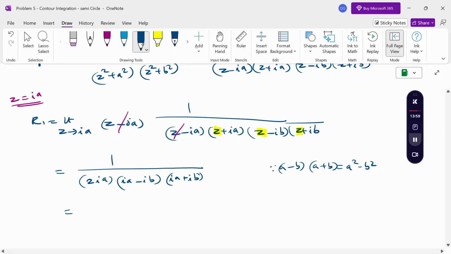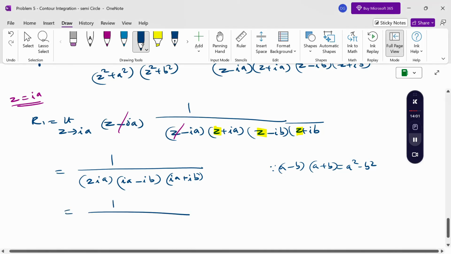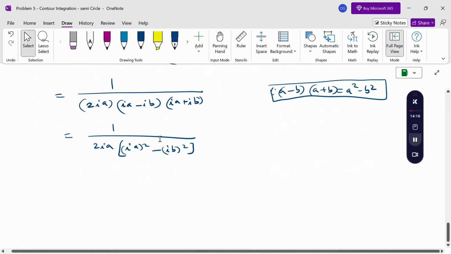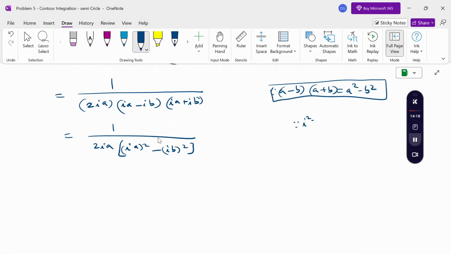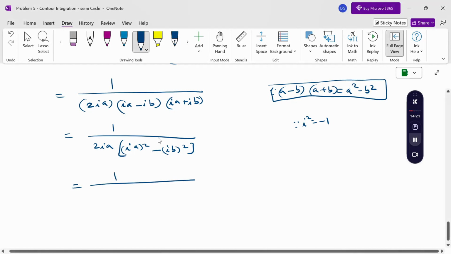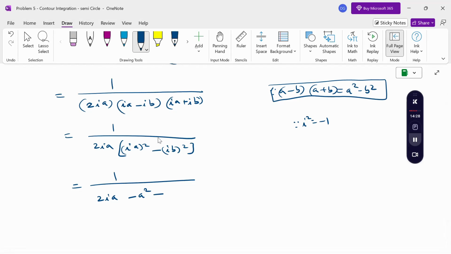Therefore this term can be written as 1 by 2ia, then i square a square minus i square b square, where i square is minus 1, so minus a square plus b square.